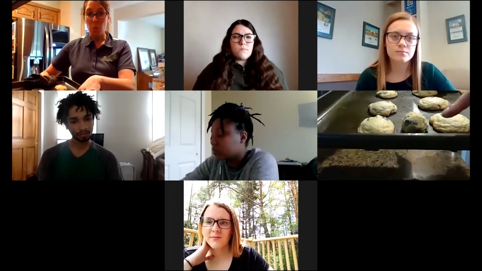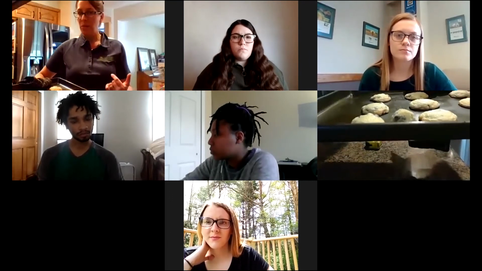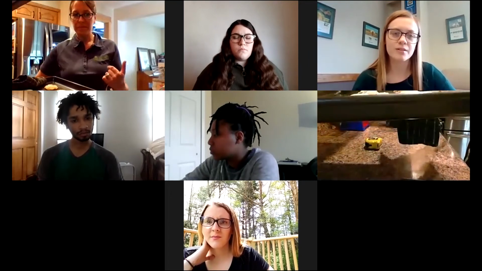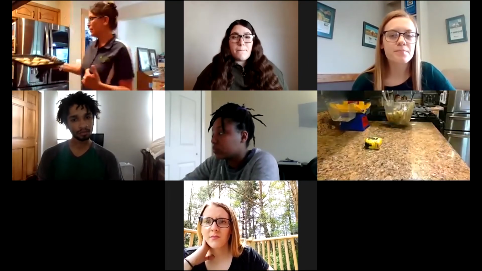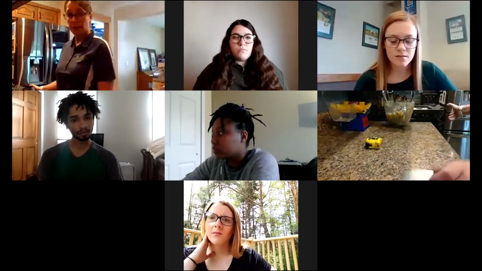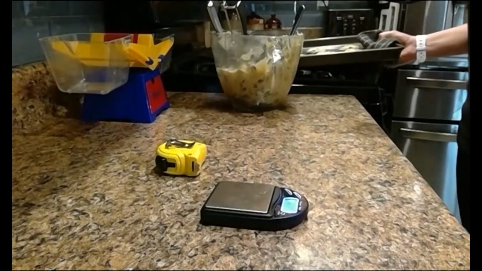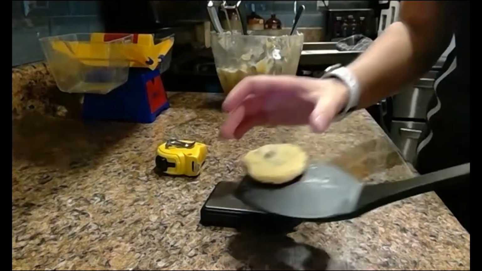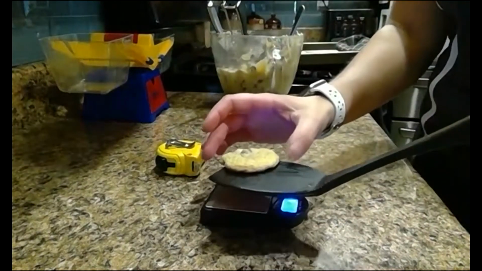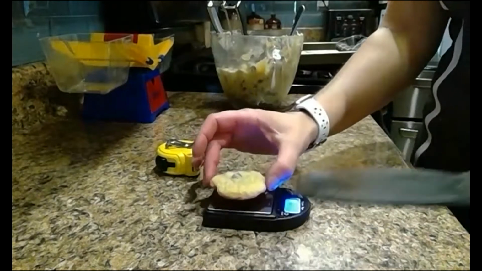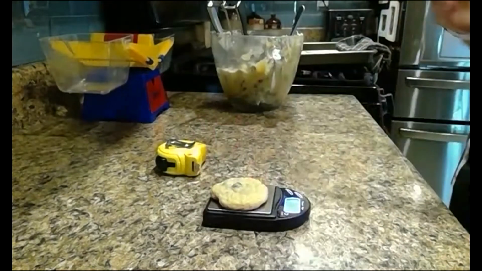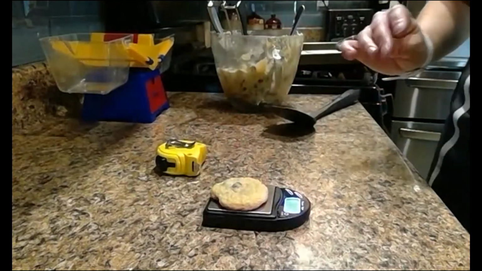They're definitely wider. What do you think about the weight? Way less. Way less? So I could use my digital scale. And somebody remind me what our weight was before we started. 22.4 grams. All right. And our weight right now is 16.6 grams.